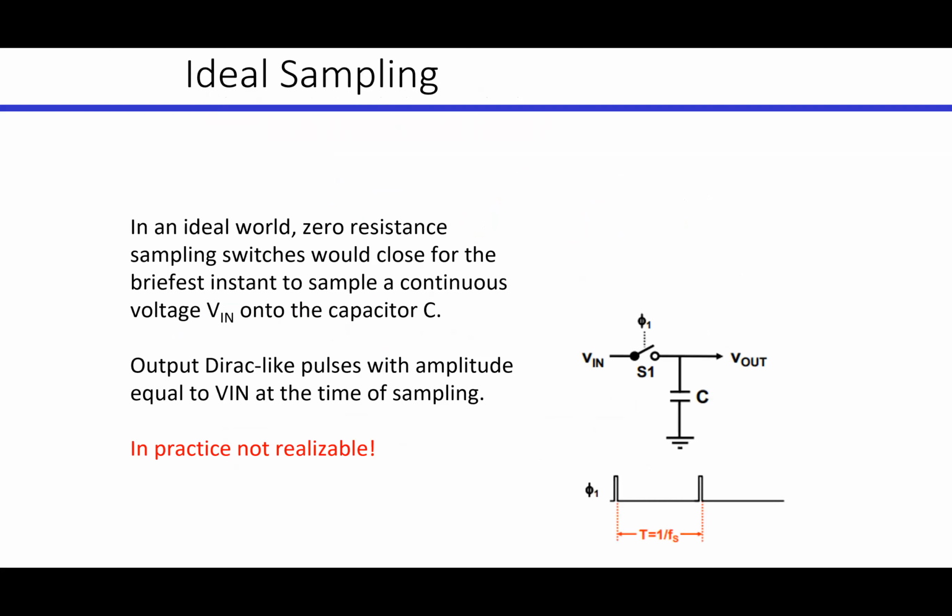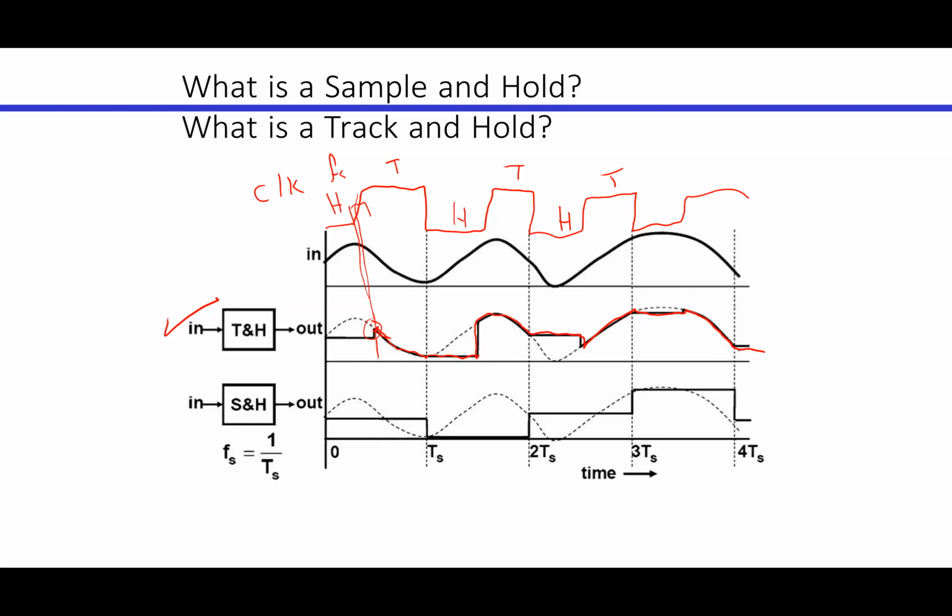Okay. Now, in reality, yes. Could you please explain the waveform for the sample and hold circuit? This one. So here, basically, you sample this value and you keep it until the next clock cycle.